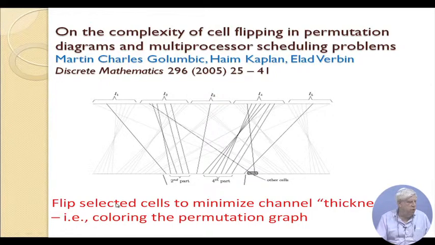So the question would be, how can you select which cells to flip in order to minimize the thickness of this diagram? That is really the maximum cardinality of a clique. So can you choose a set of flippings so that omega of the graph, the clique number, goes down?